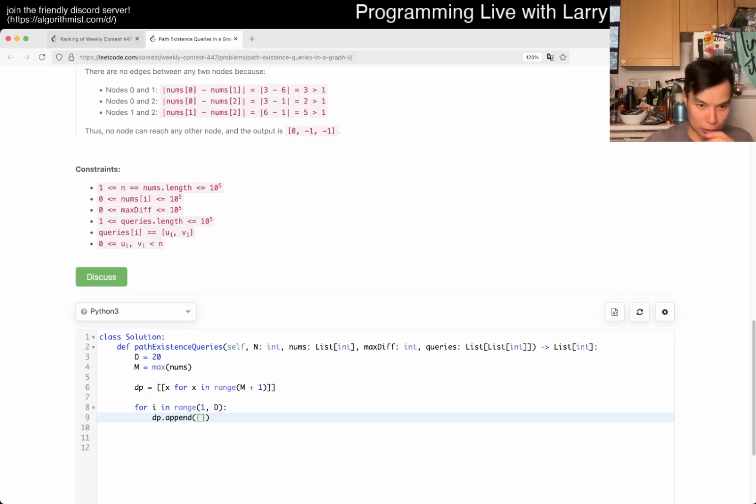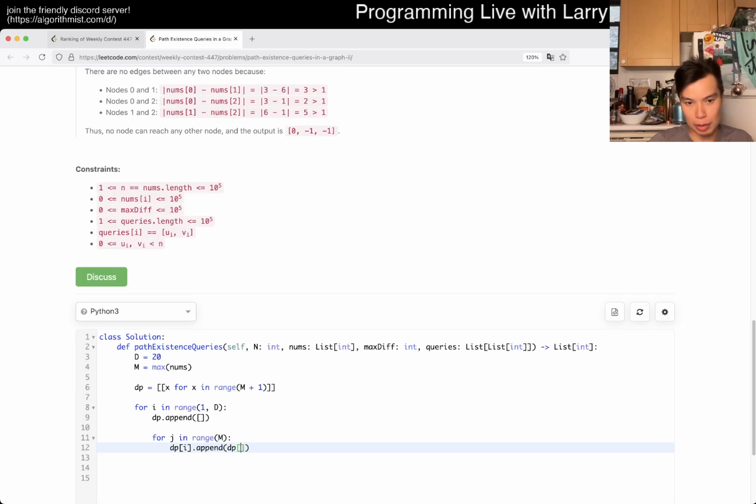Okay, fine. DP I minus 1 J. No, right? That isn't you. I mean, you could put a max, but it's trivially just this, right? So you're just keeping all the skip stops, right?